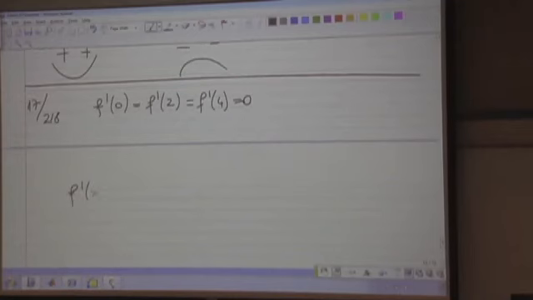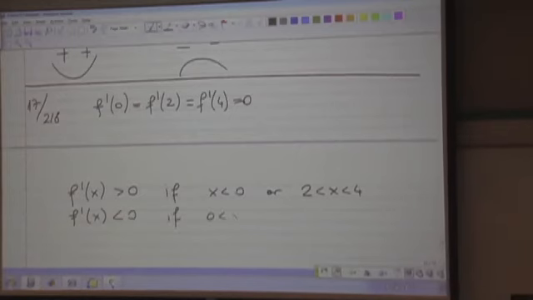F prime of x is bigger than 0 if x is less than 0 or x is between 2 and 4. F prime of x is less than 0 if 0 is less than x is less than 2 or x is bigger than 4.